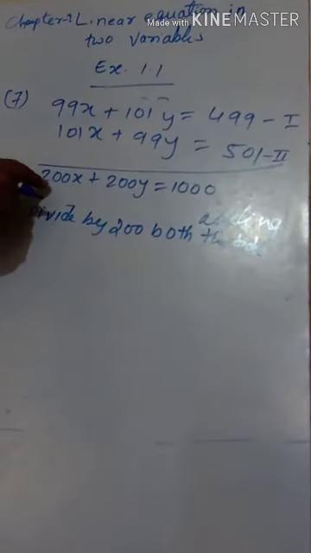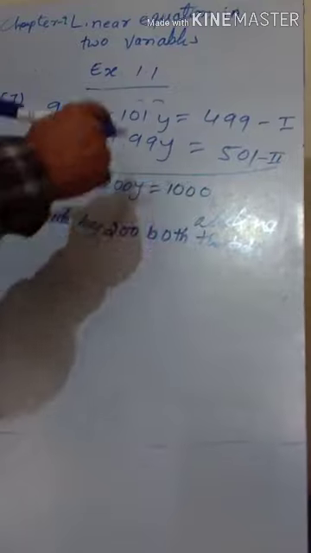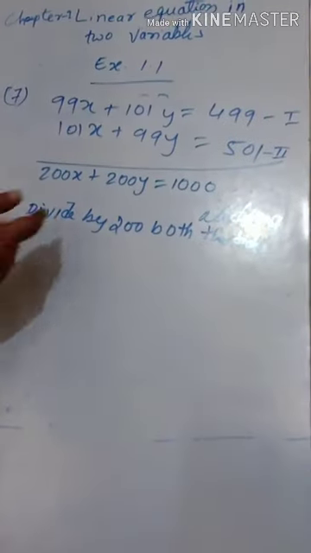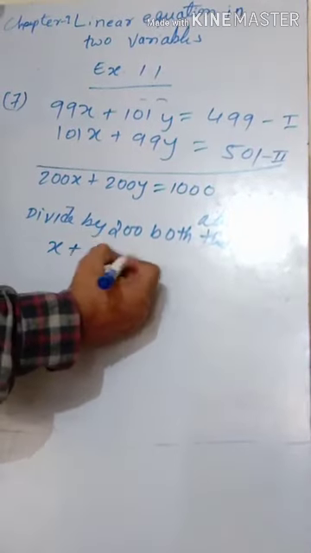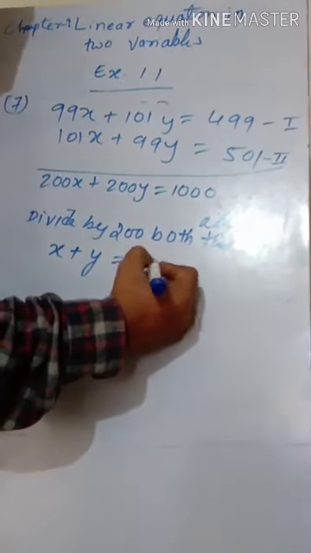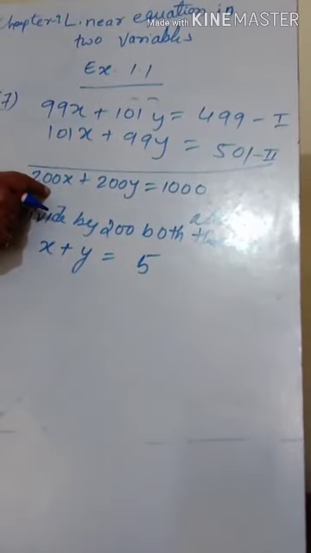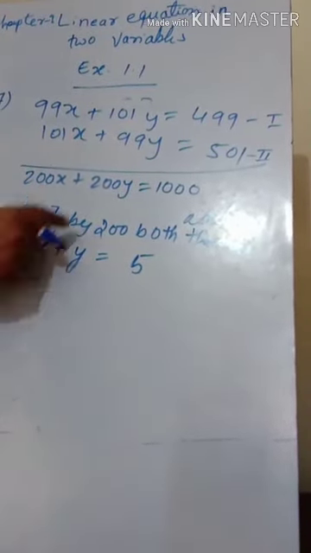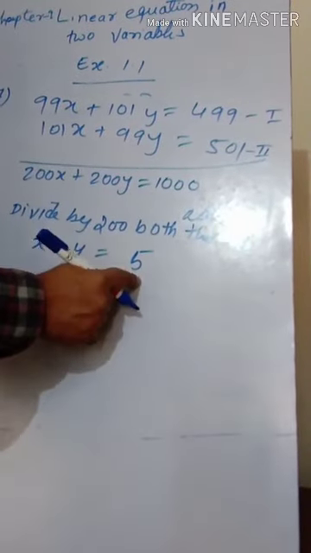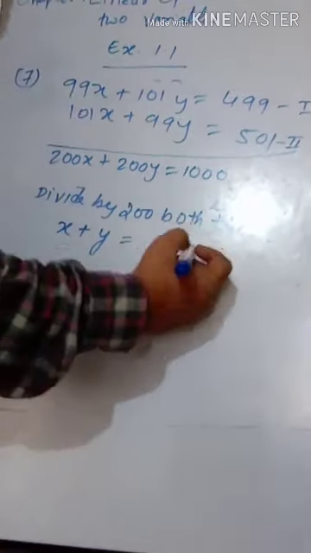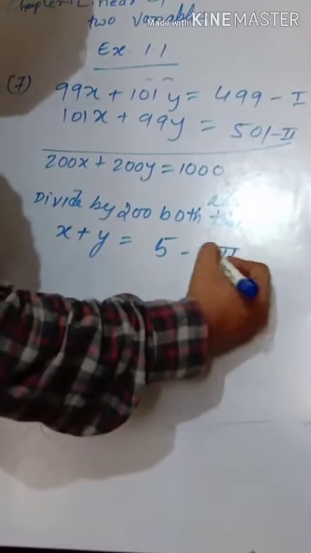We divide 200x, 200y and 1000 by 200. We got one new equation, x plus y is equal to 5. This is our equation number 3.